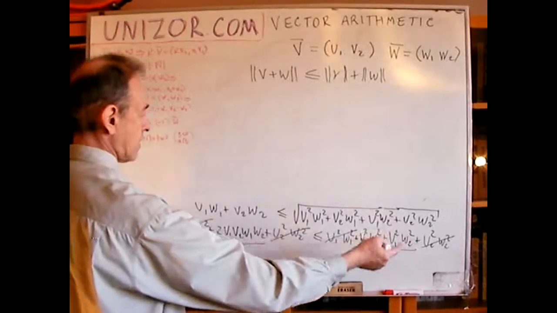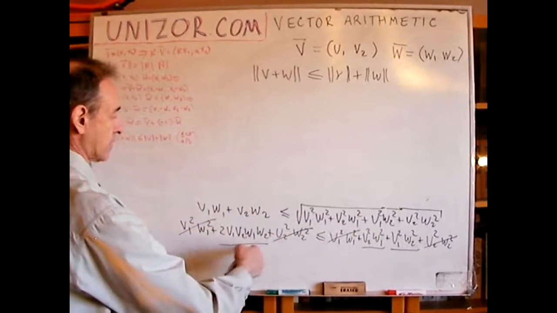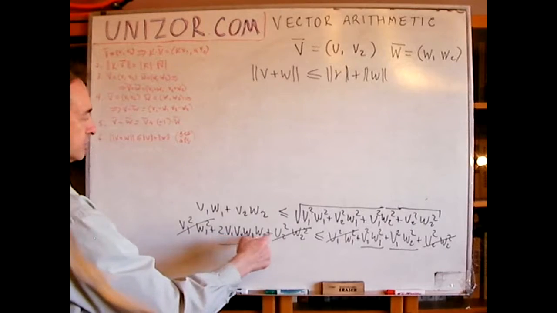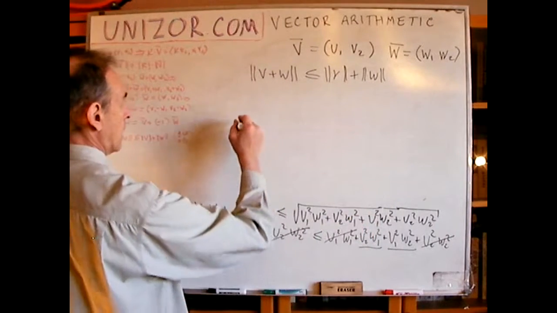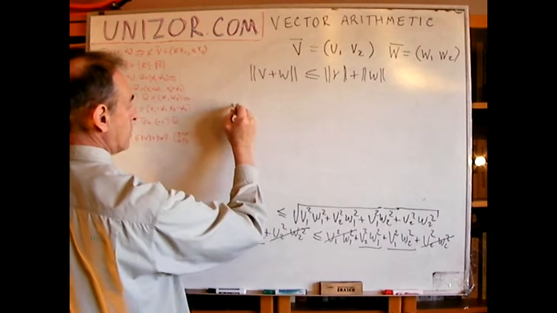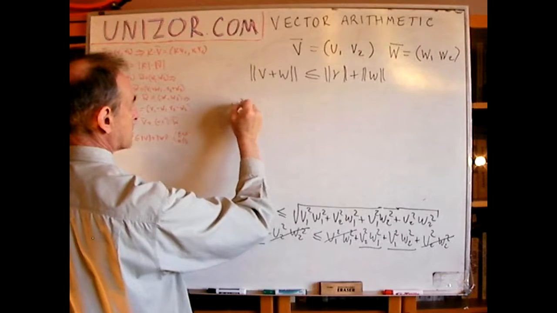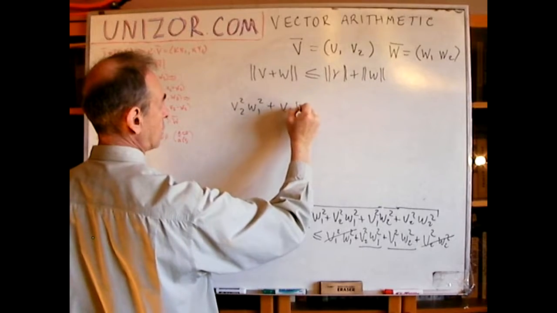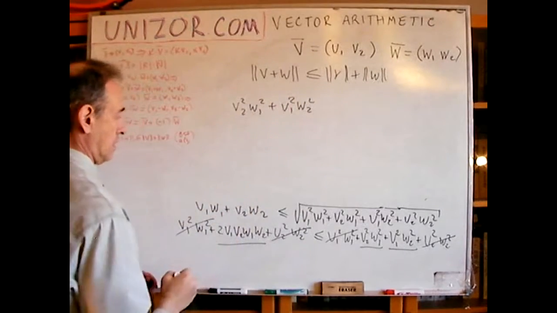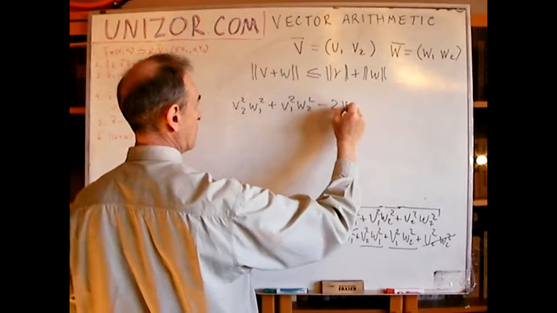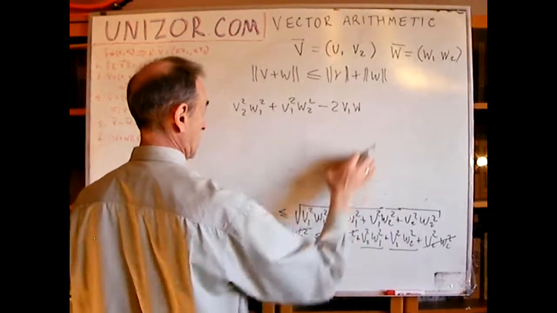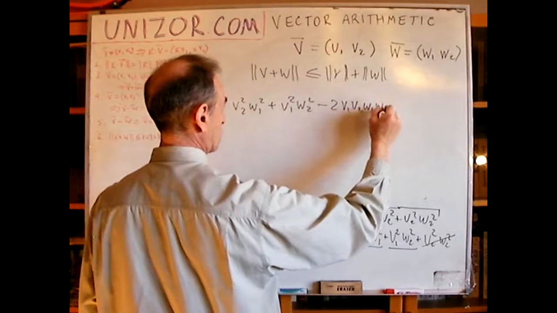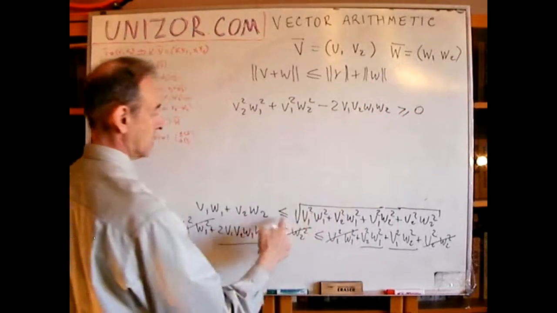And I will transfer this to the right by subtracting from both sides 2v1v2w1w2. And what I have is v2 squared w1 squared plus v1 squared w2 squared minus 2v1v2w1w2, and it should be greater than or equal to 0.